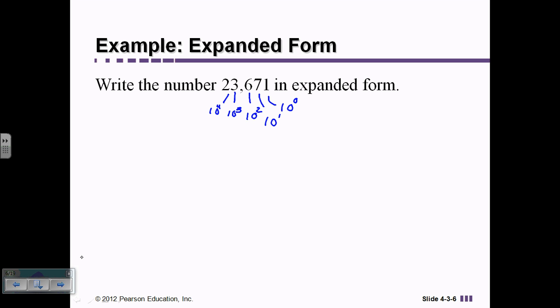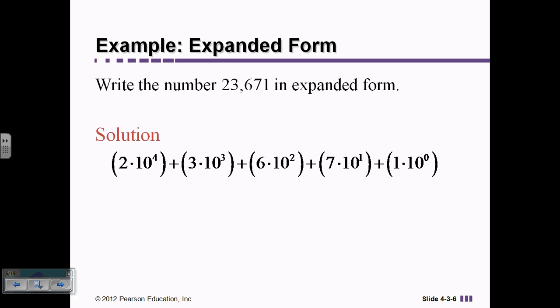And then what we do is we rewrite the number with that number system considered, and we end up with 2 times 10 to the 4th power plus 3 times 10 to the 3rd power plus 6 times 10 to the 2nd power plus 7 times 10 to the 1st.